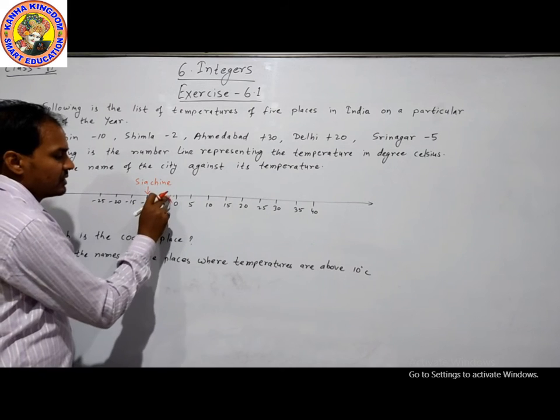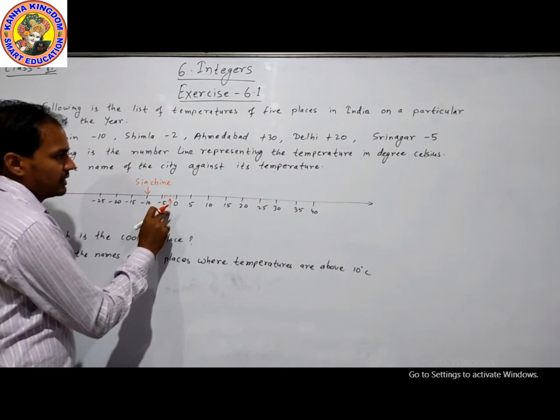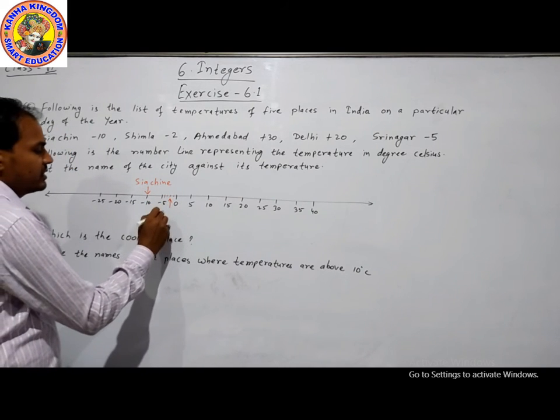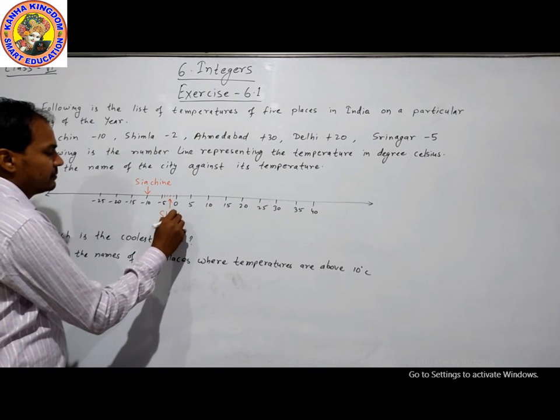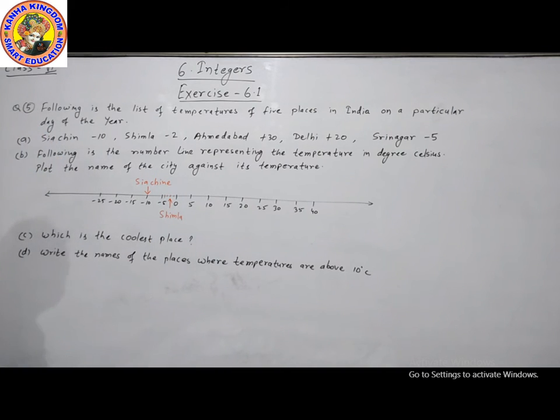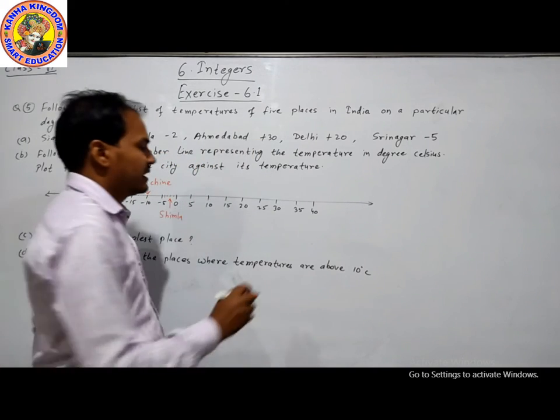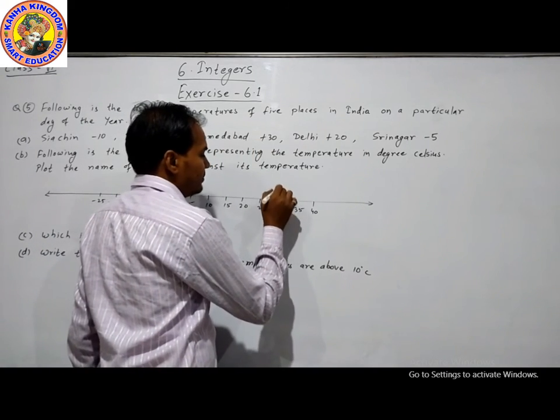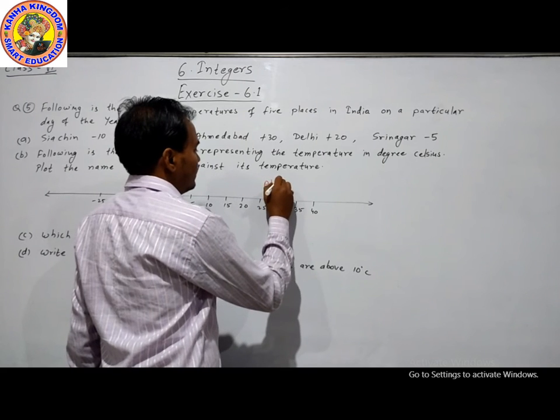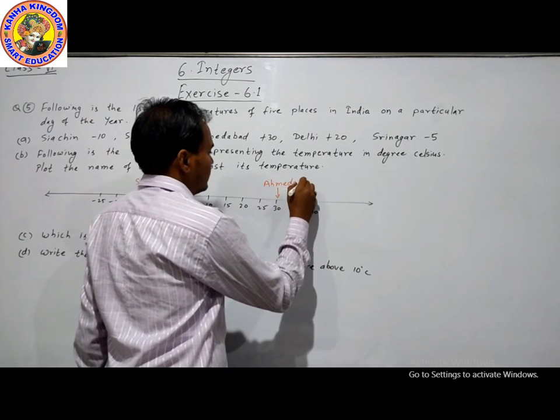So here is minus 2. Minus 2 is over Shimla. Now next is Ahmedabad, plus 30. Here is plus 30. This is over Ahmedabad.